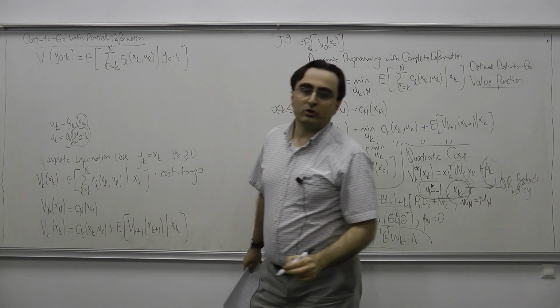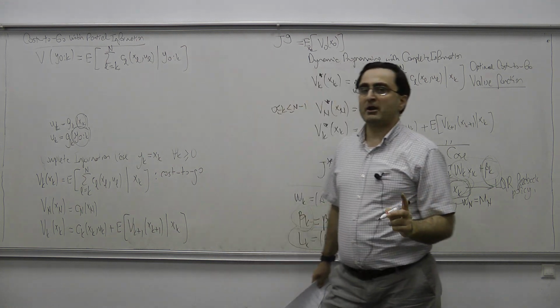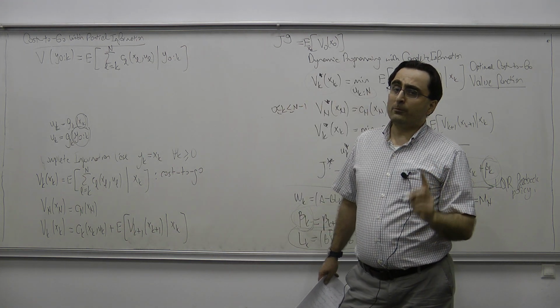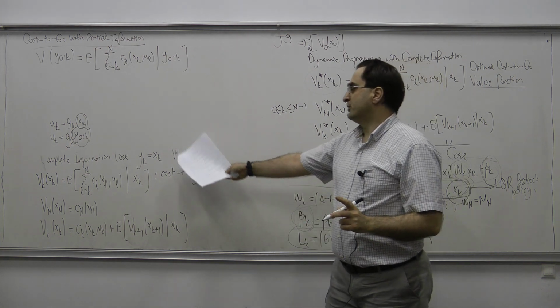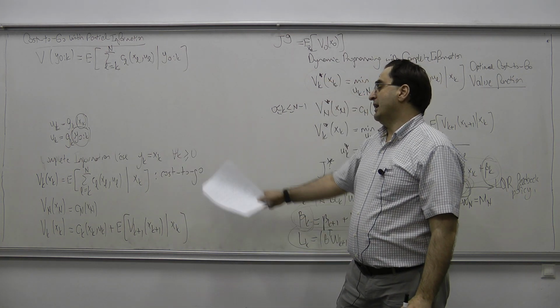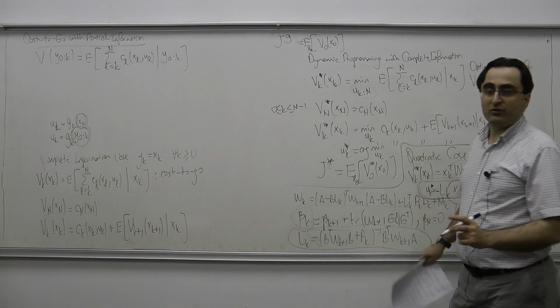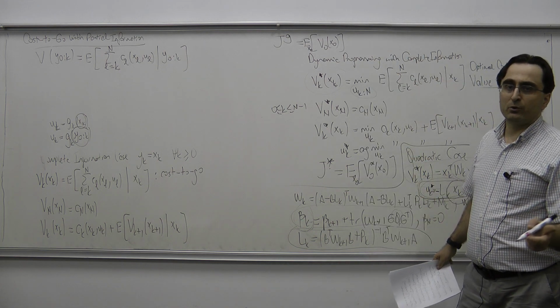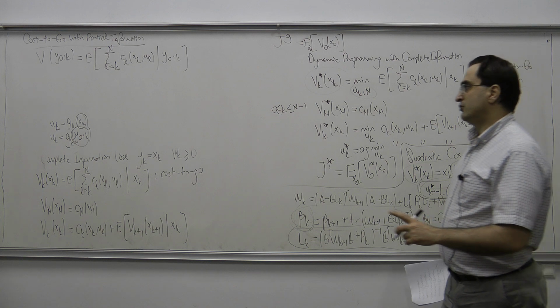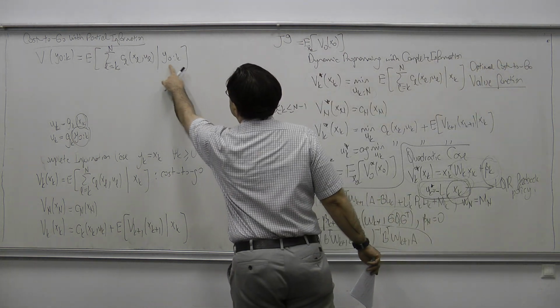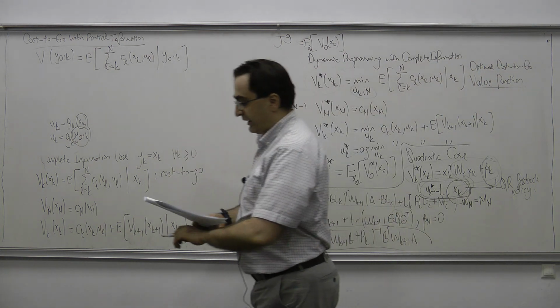Okay. So this is going to be my cost to go in the partial information case. And hopefully, at the end of such a recursion and such a minimization, our optimal inputs are going to turn out to be just a function of the given condition here, Y0K.